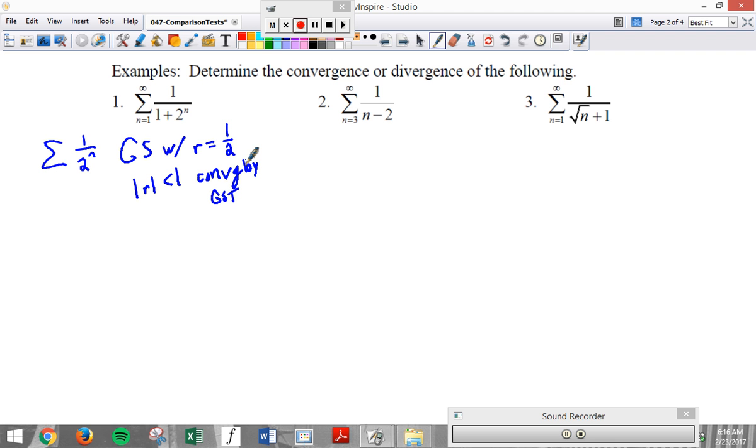Now, we also then need to say that 1 over 1 plus 2 to the n is always going to be a smaller fraction than 1 over 2 to the n. Now, why is that? By taking away 1 in the denominator, I've made the denominator smaller, so I've made the fraction bigger overall.